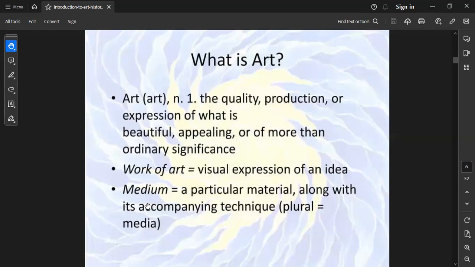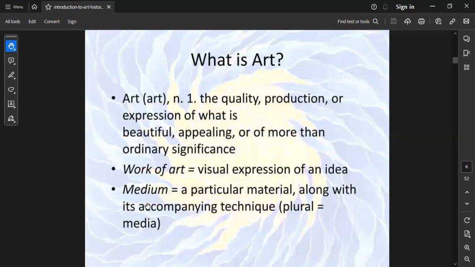Now, when we talk about the opaque media, we have the gouache, we have the tempera, we have the oil paintings, and they have different bases. Sometimes they have egg white, sometimes some kind of vegetable oil, right?